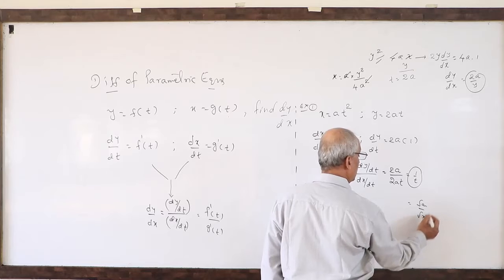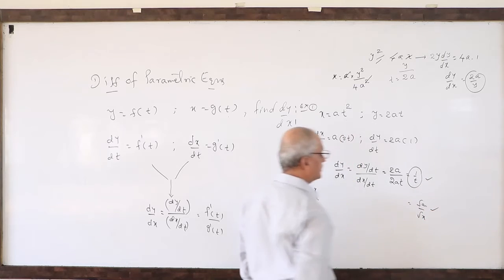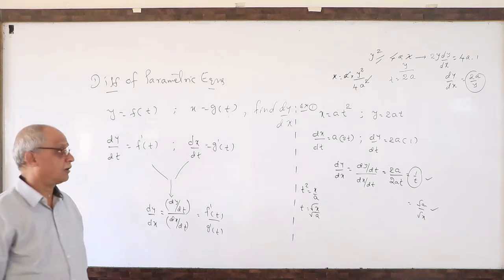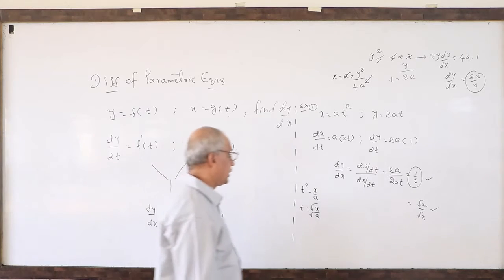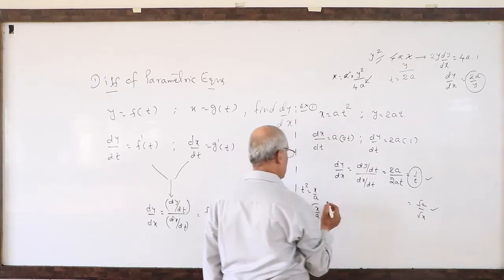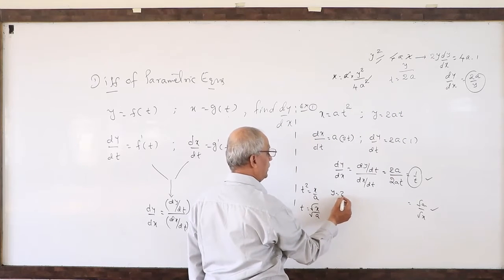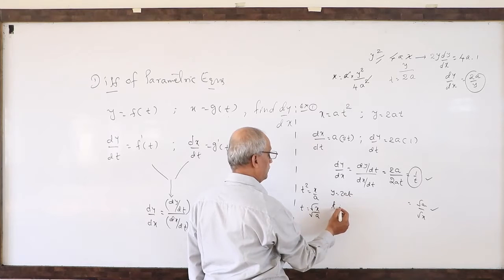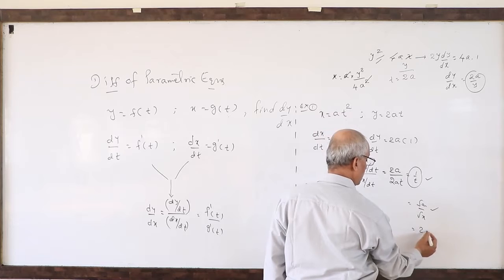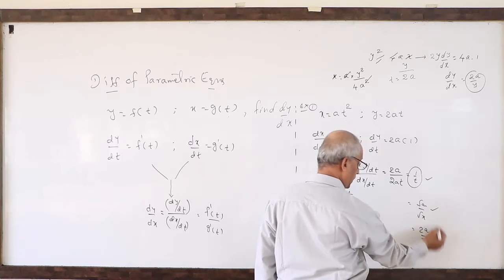This is also a possible answer. First answer, second answer. What is the next possibility? In terms of y. How do you get it in terms of y? From this, what is the t value? Already I gave it here. Because y is 2at, t is equal to y by 2a. Then what is the answer here? 2a by y. See, we are getting 3 answers.